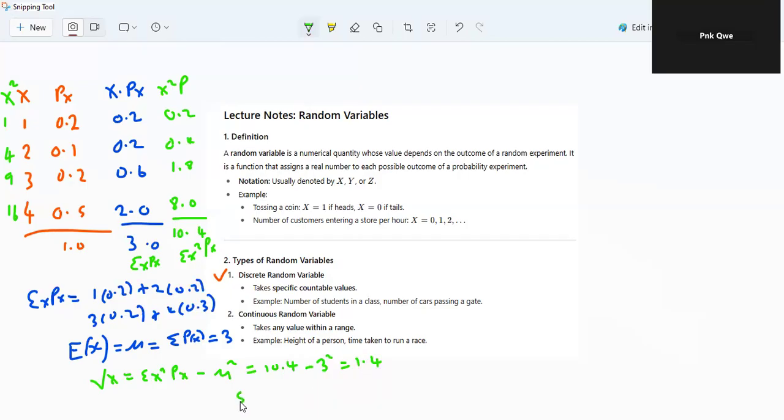The variance is 1.4. The standard deviation is when we take the square root of the variance. So what is the square root of 1.4? What do we get?